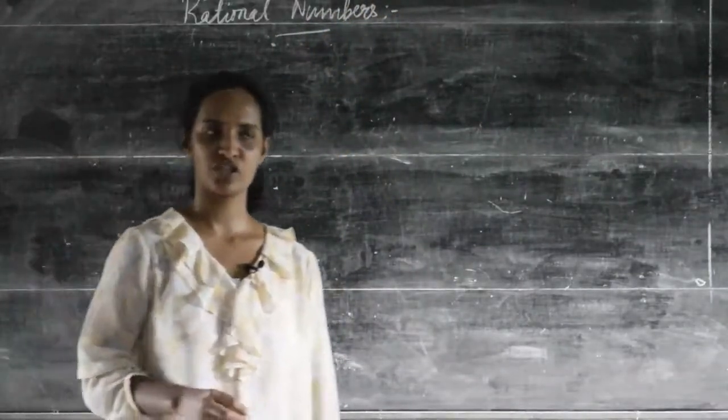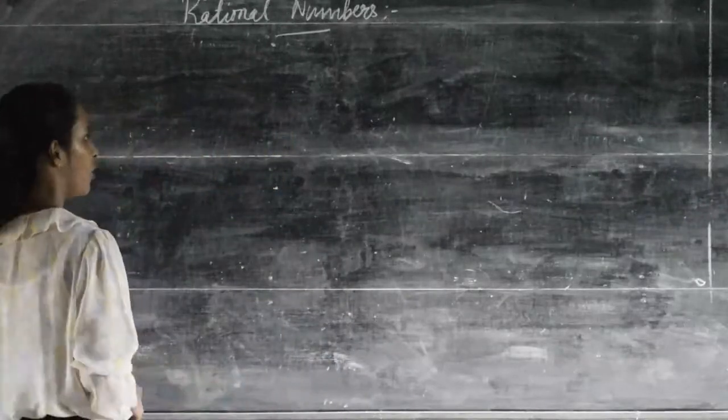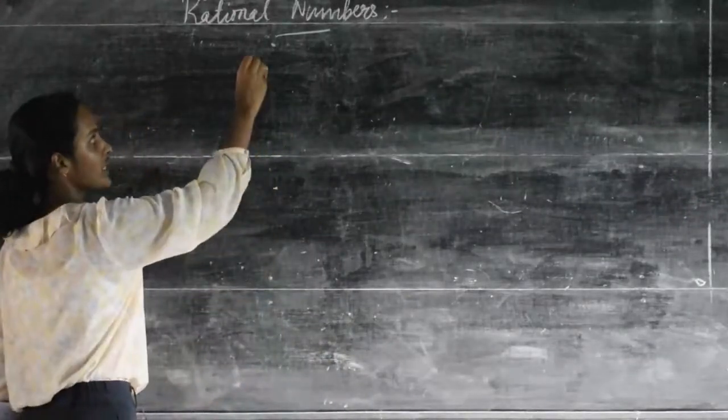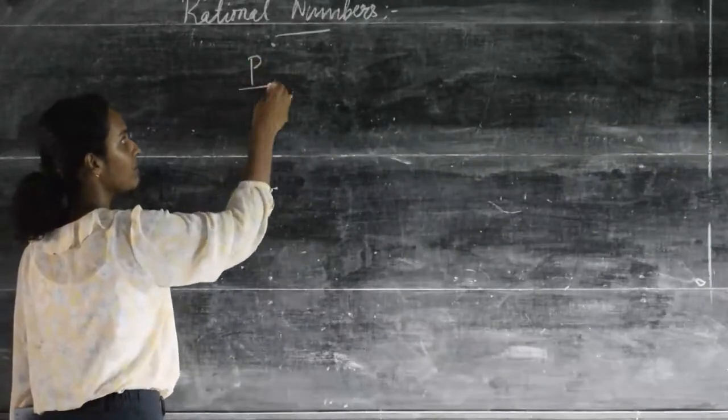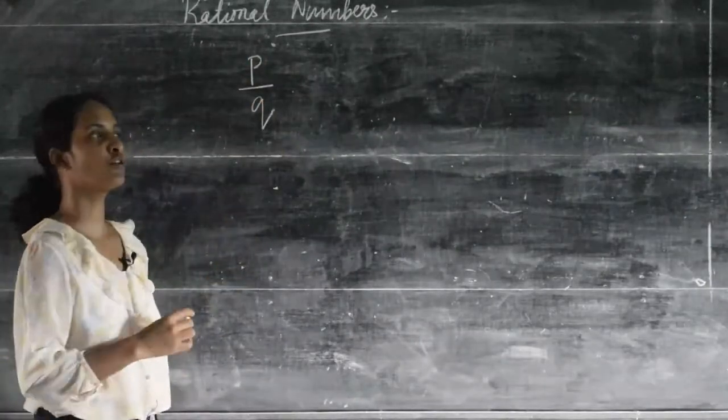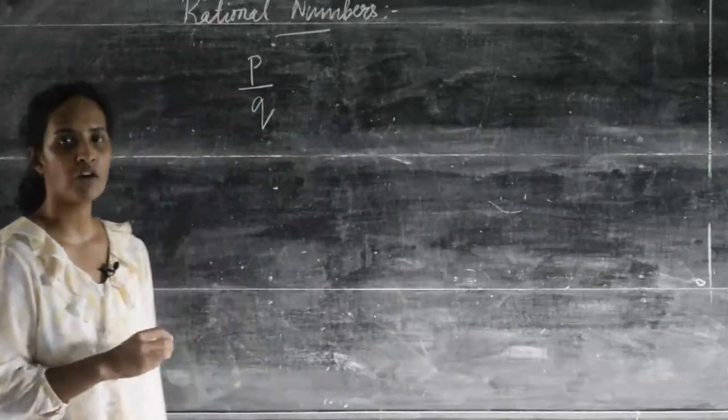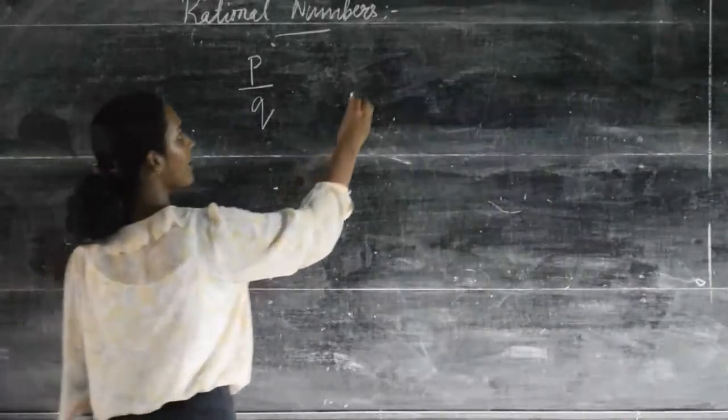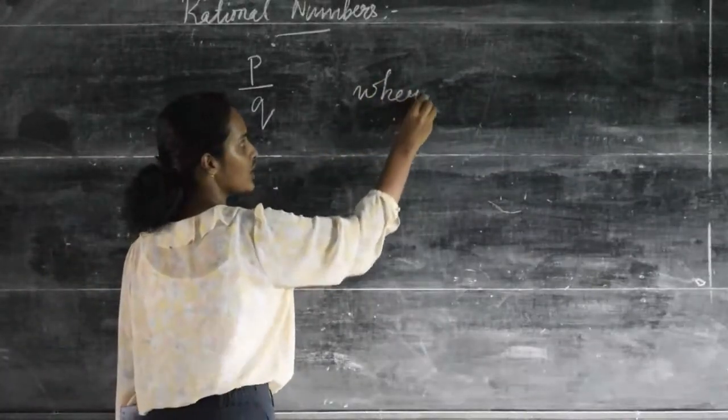According to the definition, rational numbers are all those numbers which can be written in the form of P by Q, okay? All those numbers which can be written in the form of P by Q, where we have two conditions. What are the two conditions?